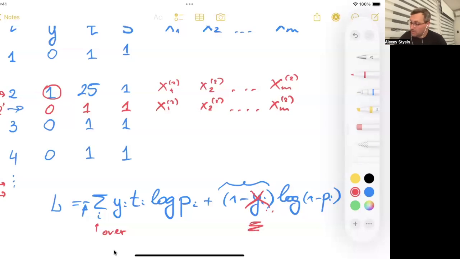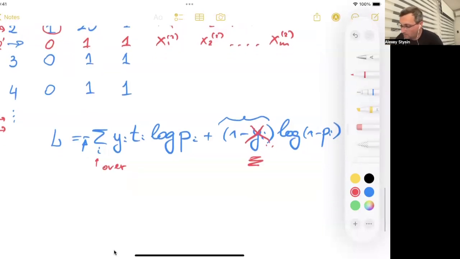Okay. So now let's see what is going to happen in this case. And again, for the sake of simplicity, we are going to drop the i from the p. We are going to model the p as a sigmoid.